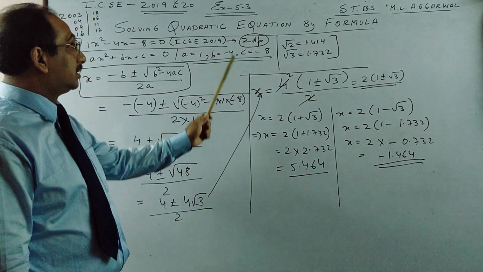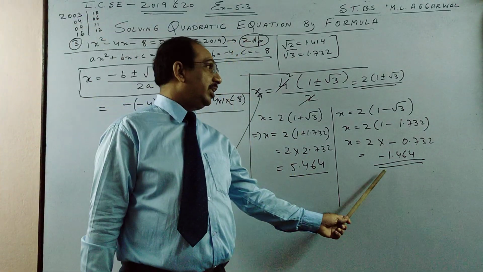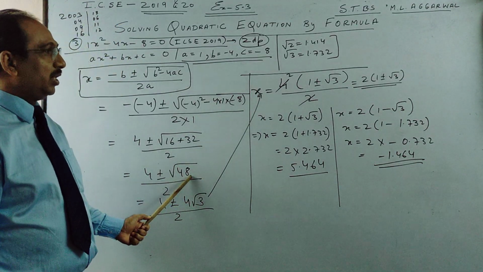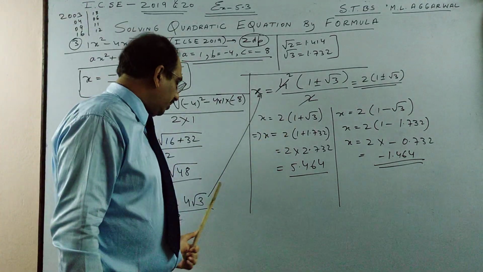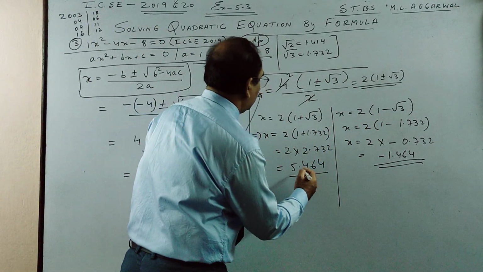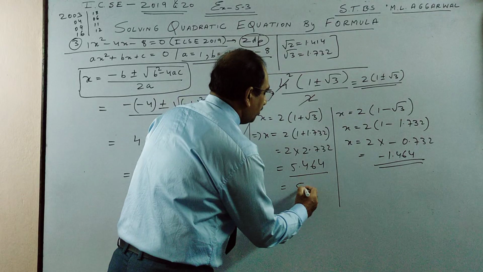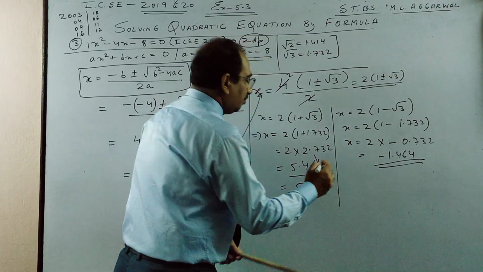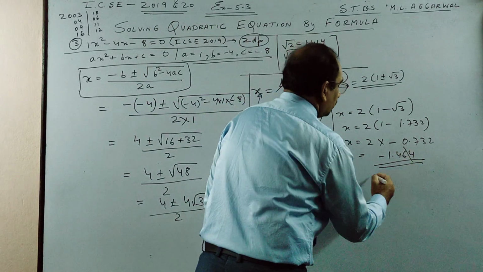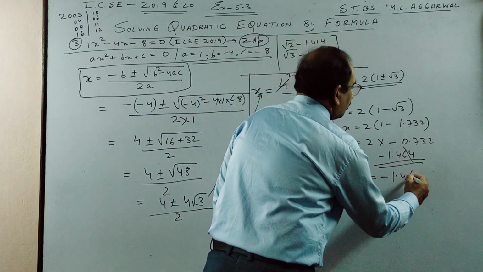But the question is 2 decimal places. If you leave it here, you will lose 1 mark, because I said 1 mark, you get up to here. Second mark generally when you find the value, and third mark for the correct answer. So this will be 5.46, because this is less than 5. This is also less than 5, minus 1.46.